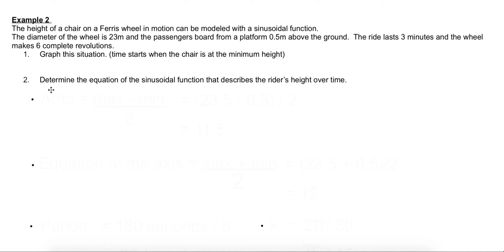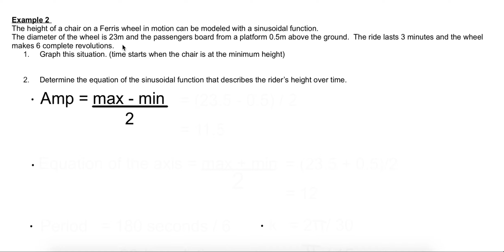So if we're determining the equation for this whole situation, we've got a Ferris wheel that has a diameter of 23 meters. It starts 0.5 meters off the ground and lasts 3 minutes with 6 complete revolutions. So first I'm going to find my amplitude, by doing max minus min divided by 2. 23.5 minus 0.5.